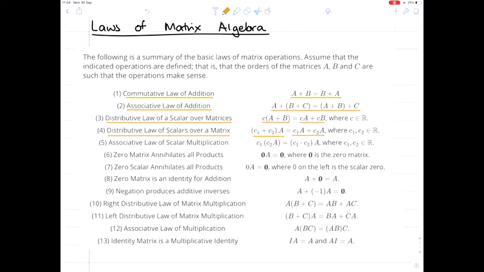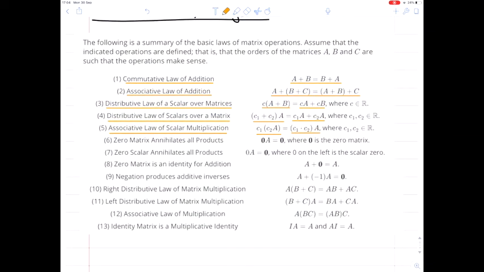And if you're multiplying by 2 scalars, it doesn't matter whether you first multiply the matrix by the first scalar and then the second, or multiply the 2 scalars together and then multiply the result by your matrix. So far everything behaves exactly like you would expect from scalar arithmetic.